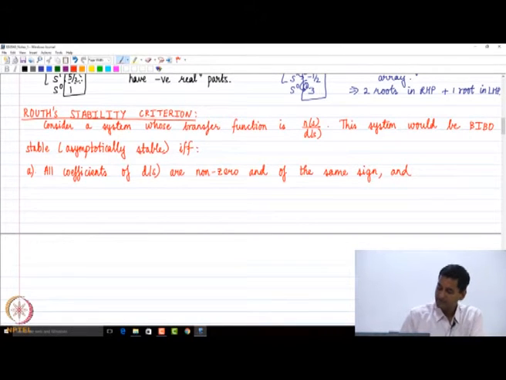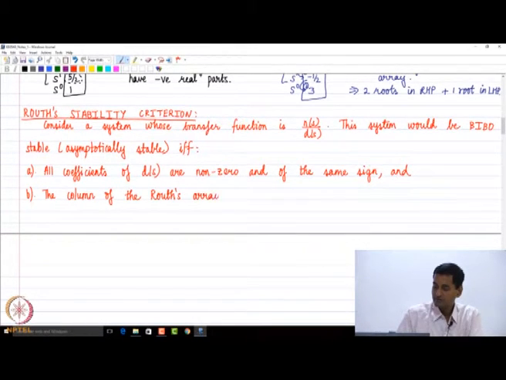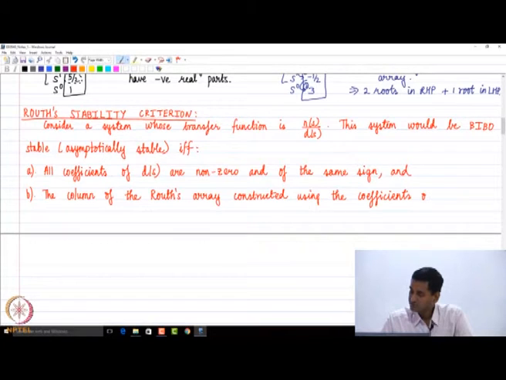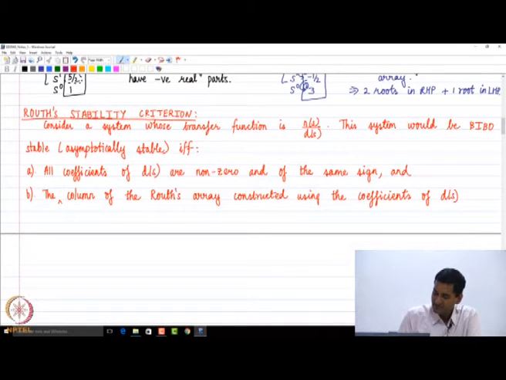and (B) the first column of the Routh's array constructed using the coefficients of D(s), I should say first column, I am sorry, I missed the word first here.